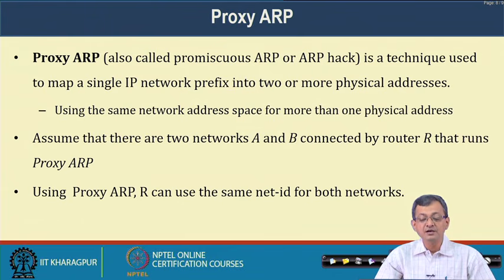Proxy ARP, sometimes also called promiscuous ARP or ARP hack, is a technique used to map a single IP network prefix to one or more physical addresses, using the same network address space for more than one physical address. Assume there are two networks A and B connected by a router R that runs proxy ARP. Using proxy ARP, R can use the same network ID for both networks.